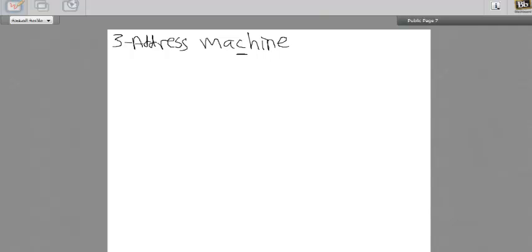Okay, that's good. So X equals X times Y plus W minus Z. Again, we'll have our code here.